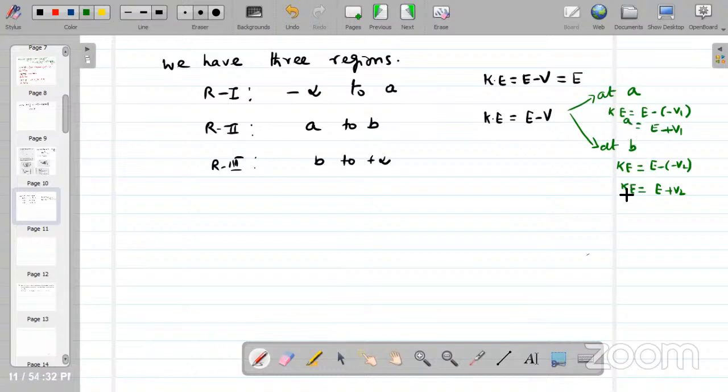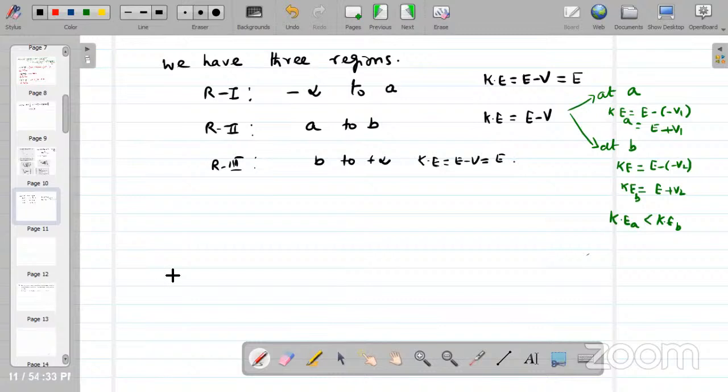This is at A, this is at B. So what I can conclude is that the kinetic energy at A is less than the kinetic energy at B.